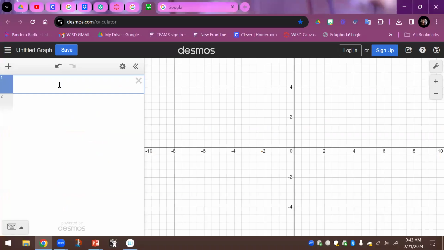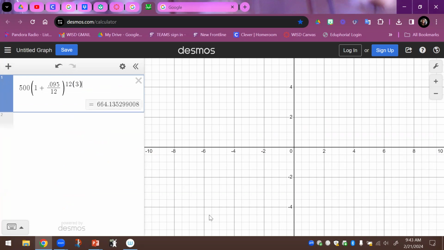And I'm going to type it in. So we have 500 times 1 plus 0.095 divided by 12. I'm going to hit Shift 6. Okay.